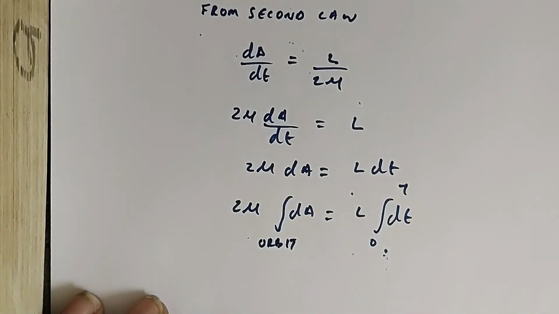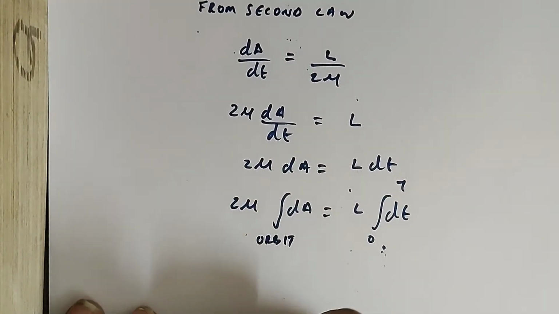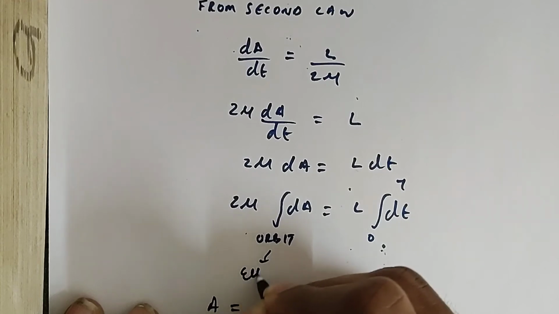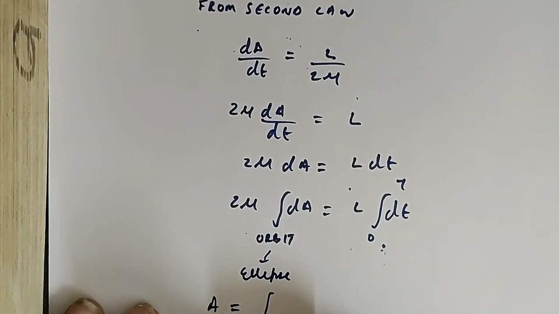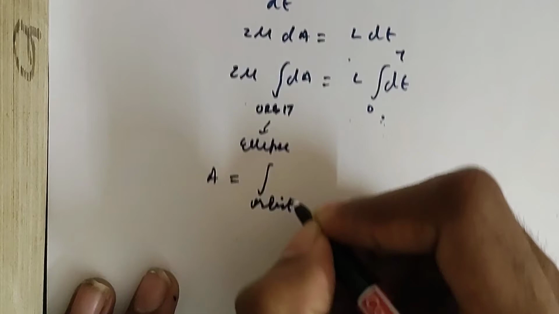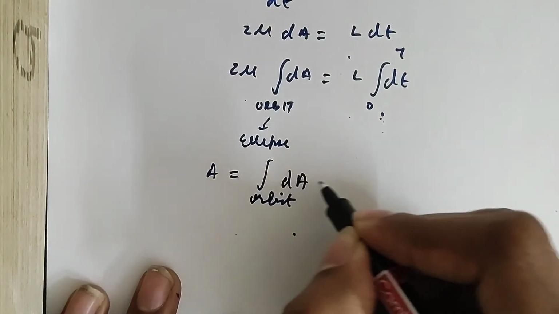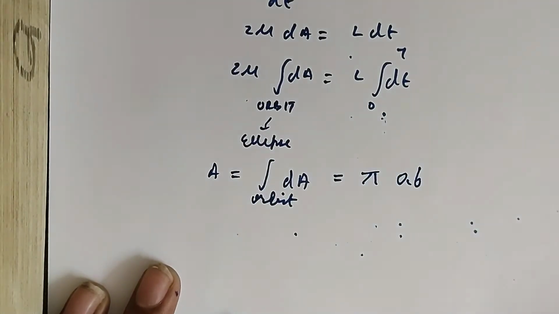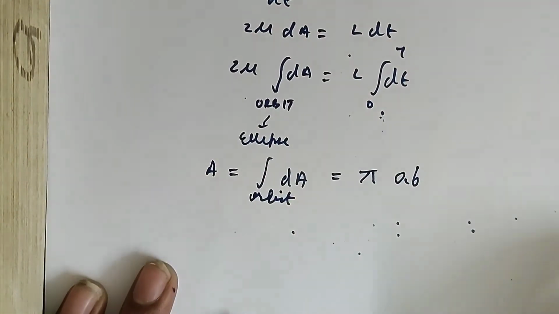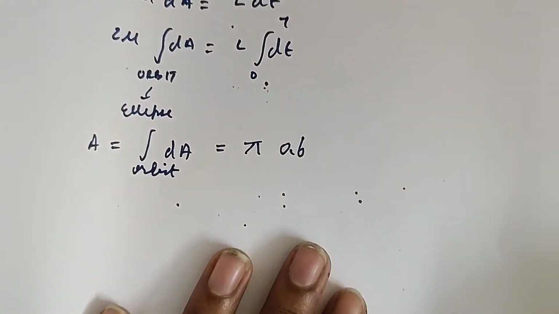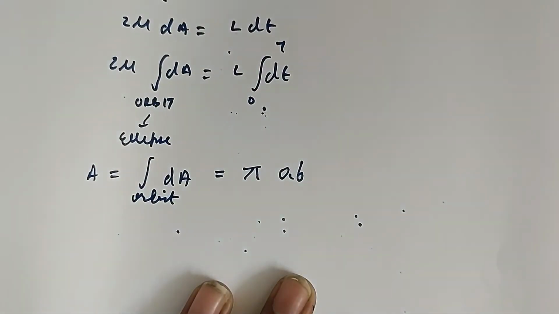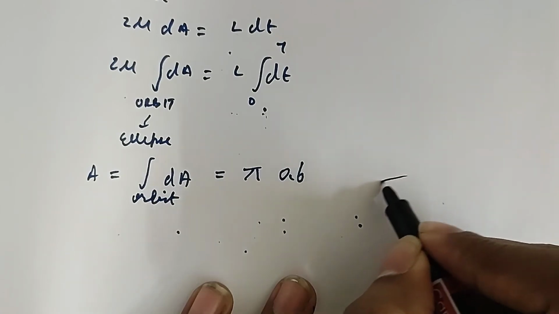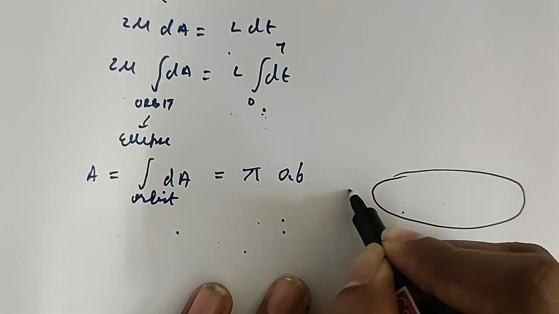So for our case, the orbit is an ellipse, so the area of the elliptical orbit is A, which is equal to pi times AB. Let me tell you how I got this. Diagrammatically, this is an ellipse.